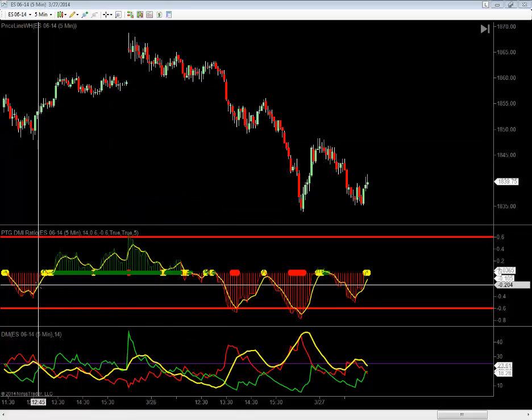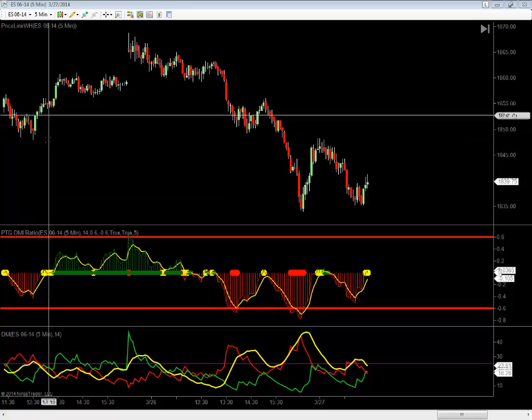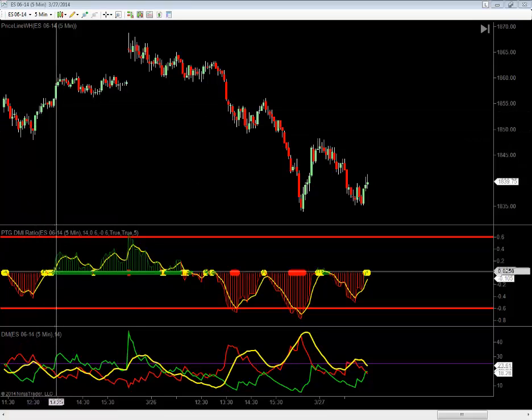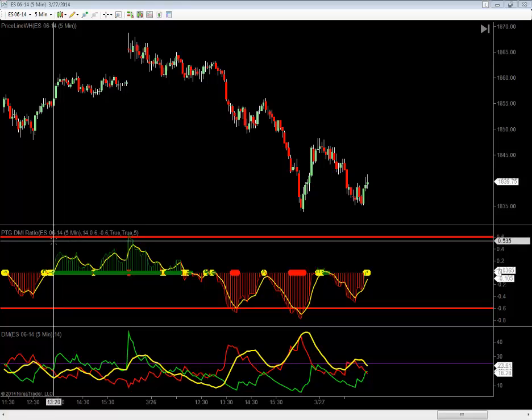You can see here price made a double bottom and started moving higher. That was confirmed by the directional movement, so the plus DI line on both indicators is moving north of the zero line, and that is in agreement. The plus DI line showing buying pressure is above the minus DI line, and hence buying pressure ensues.